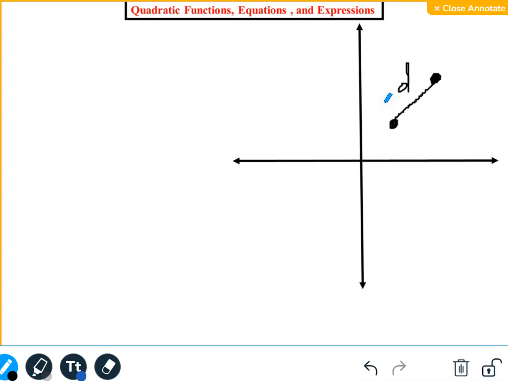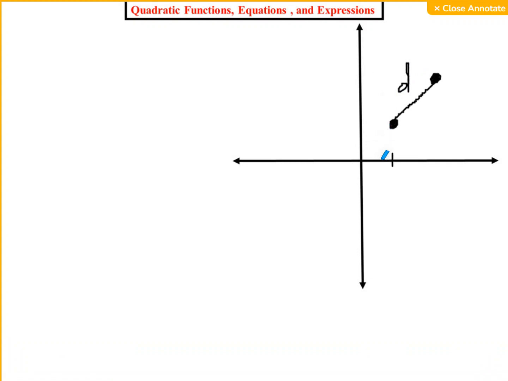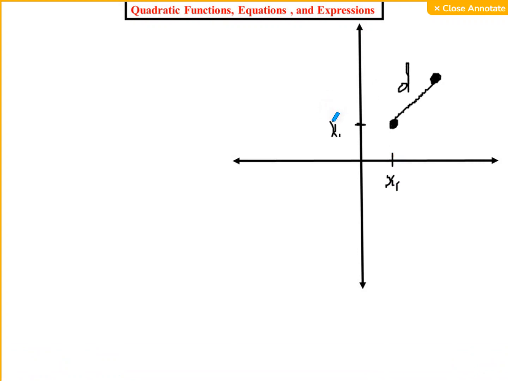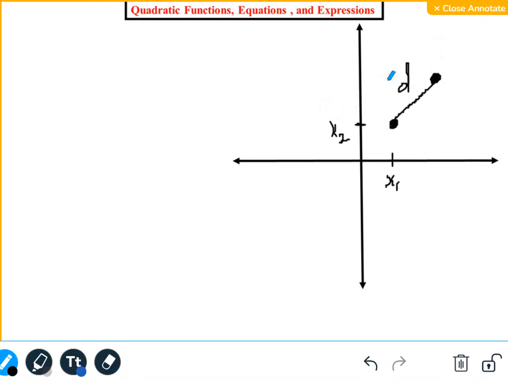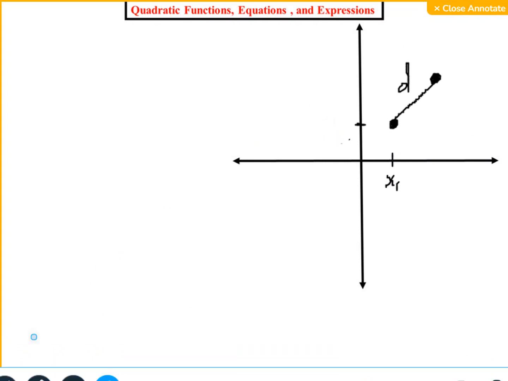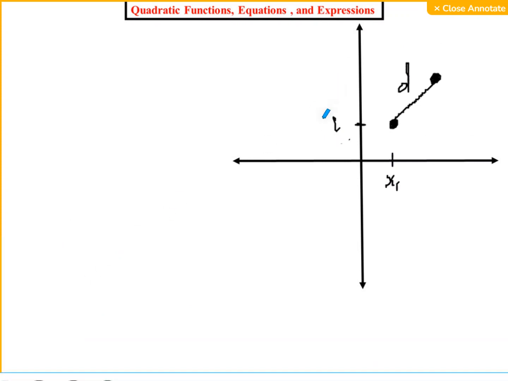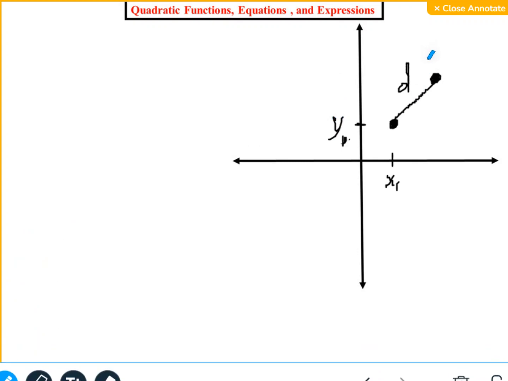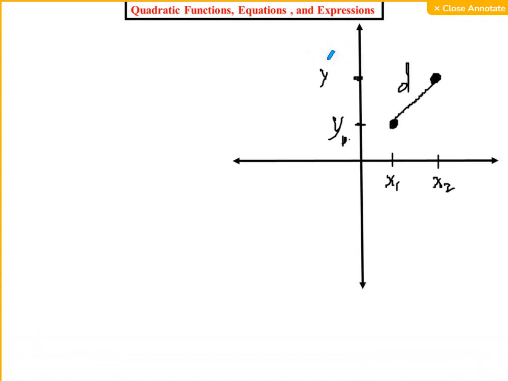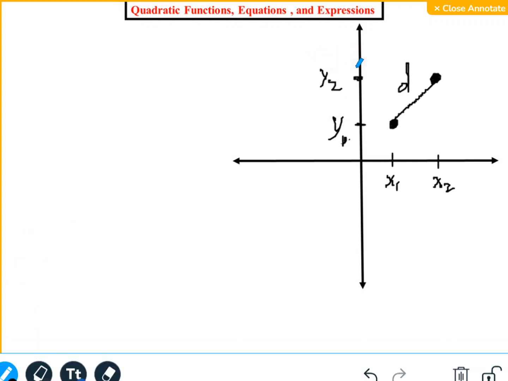Let's say this point, the x-coordinate is x sub 1, and the y value is y sub 1. The second point up here, it's x sub 2, and the y value is y sub 2.